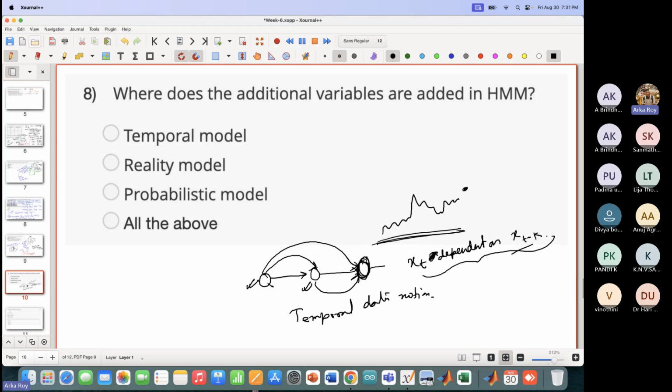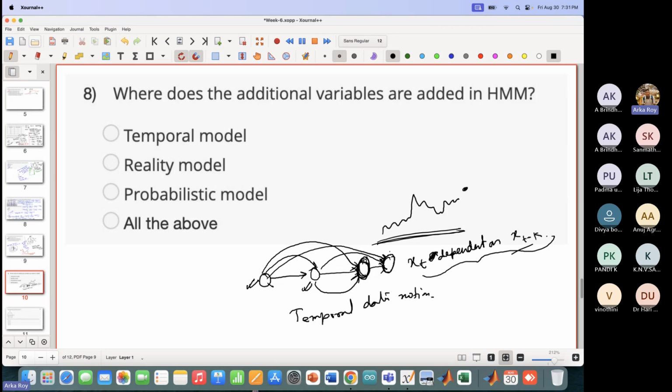So if you choose to predict a new or additional data point, you can connect it as a temporal model. This particular data will depend on this one and this one.